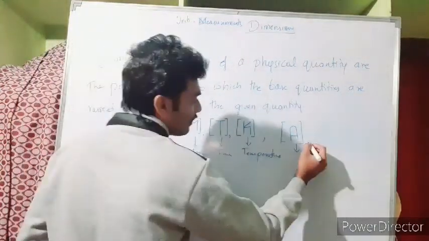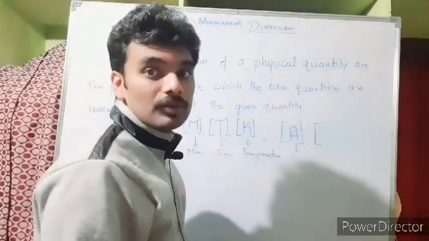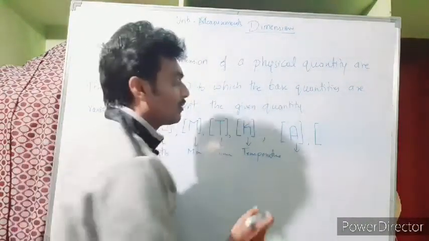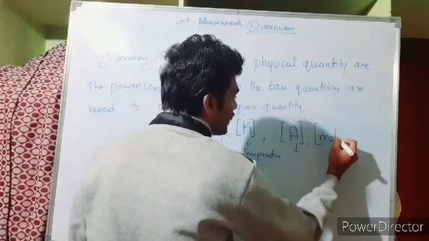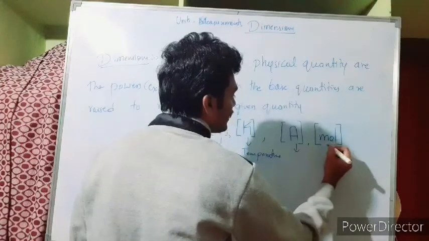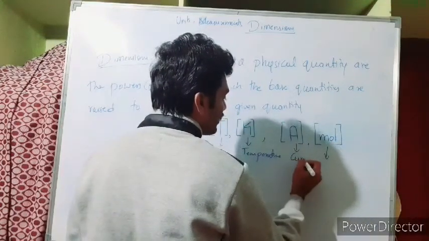5. 2 more left. For amount of substance, whose unit is mole, within square bracket we need to write MOL in small. So A for current, keep that in mind.